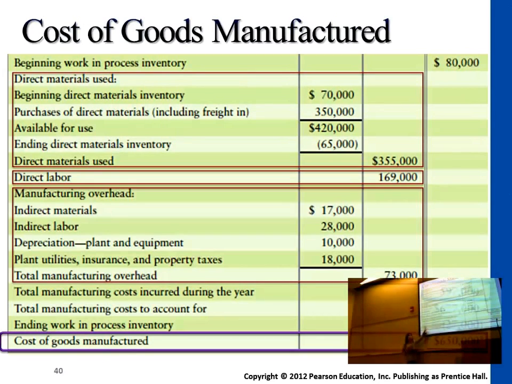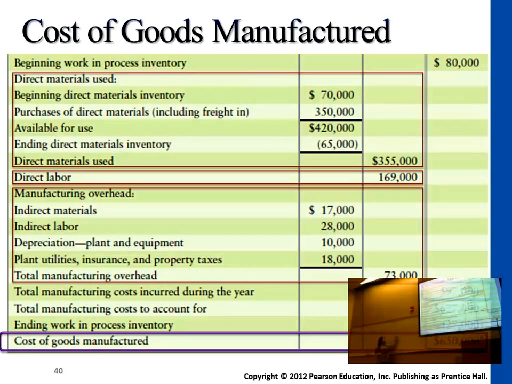We have utilities, insurance, and property taxes: $18,000. Altogether, these indirect costs, the total overhead, will be $73,000. This is the third category, the cost incurred in this manufacturing company this year.